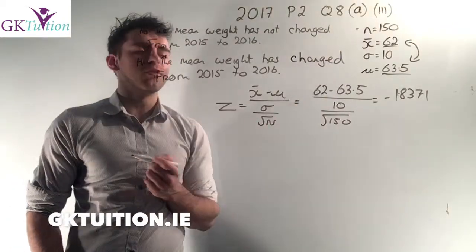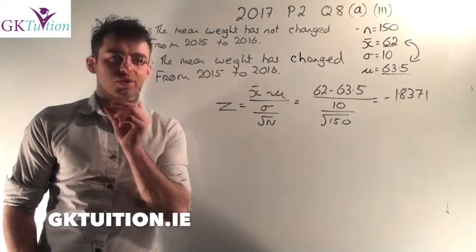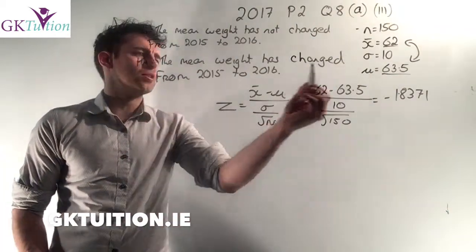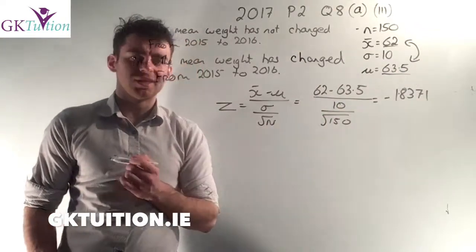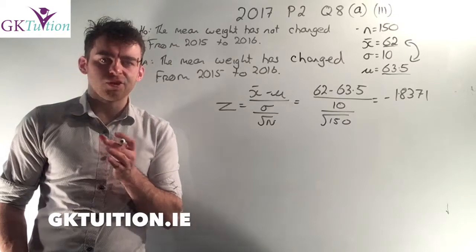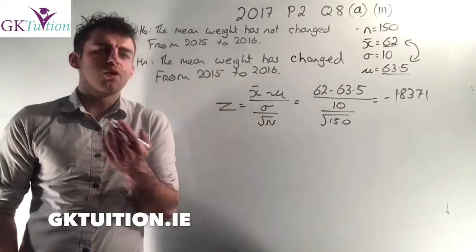They took a sample of 150 15-year-olds, and the average of the 15-year-olds they weighed was 62 kilos. So it's 1.5 less than it was last year. But that doesn't necessarily mean that the average weight of 15-year-olds in the whole country has changed. It could be a coincidence.